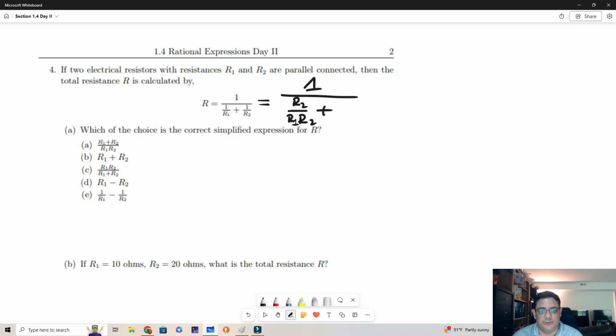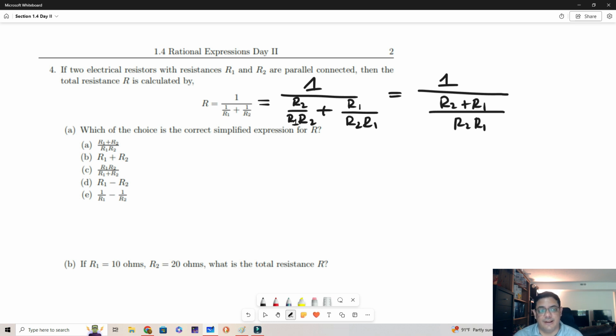And then plus, and now I'm going to multiply by R1, and below it's going to be R2 times R1. Notice that I just multiplied what I needed, so they have the same denominator. On the next step, I can add now, and this becomes R2 plus R1 over R2 times R1.